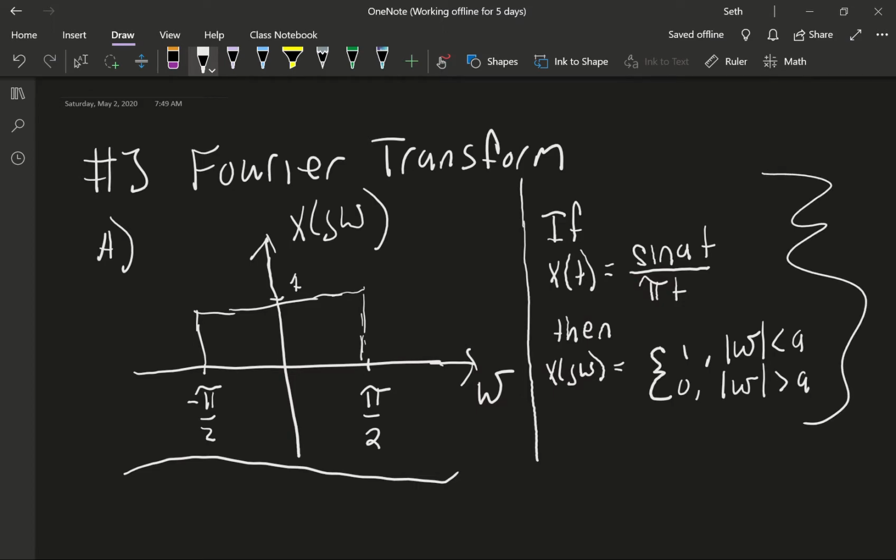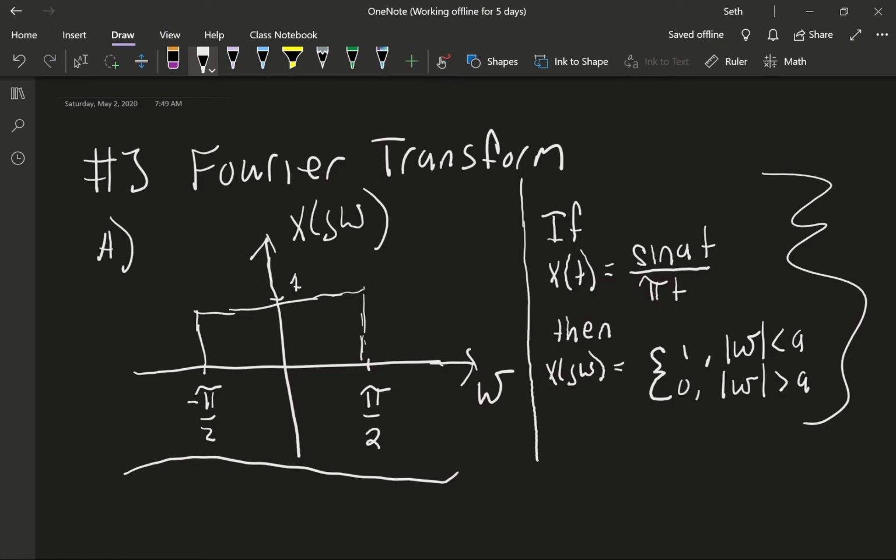It's here. So X of j omega is equal to 1 if omega is less than a or greater than minus a. So we have that condition here.